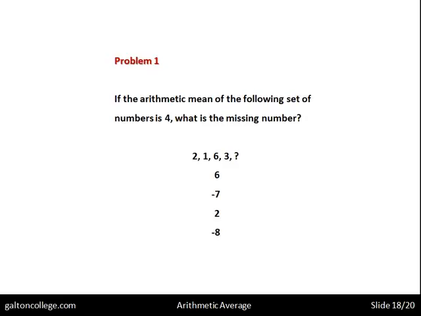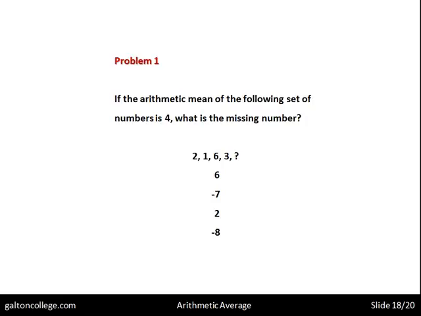Now, if the arithmetic mean of the following set of numbers is 4, what's the missing number? So we know that the arithmetic mean is 4. What is the missing number? And the numbers we're given are 2, 1, 6, 3 and a question mark, the missing number.